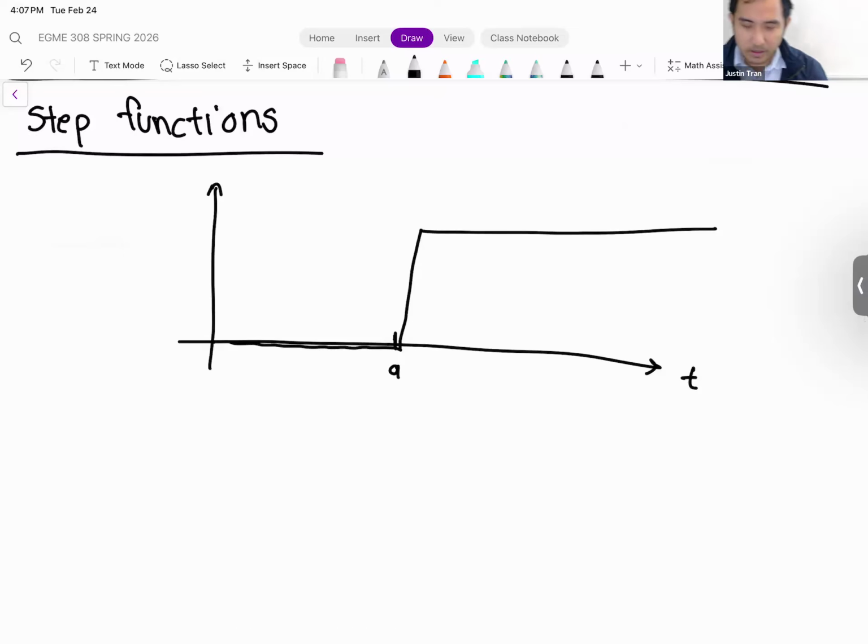Okay. So remember, this idea of a step function is what we typically call an engineering function. It has a lot of strange mathematical properties that you can't really tackle with traditional math theory. But for a lot of systems that we work with in engineering, something like this is very helpful.